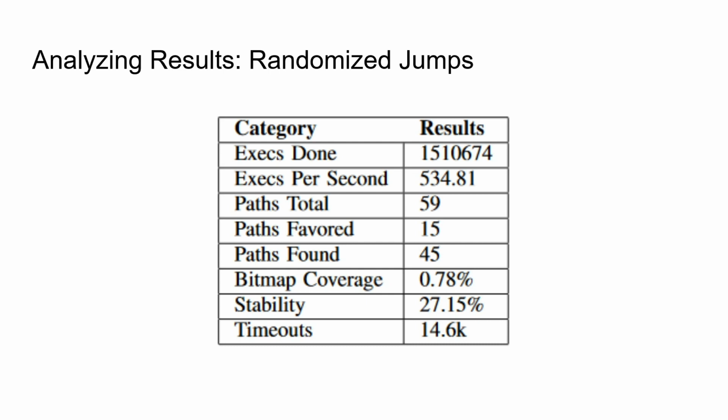And the stability is a huge problem. It was reduced down to 27.15%. For a simple program like cJSON, this is an indicator to a malicious actor that something is wrong. And there are 14.6 thousand timeouts. That is likely due to where the jump code was placed instead of just having the method there itself.